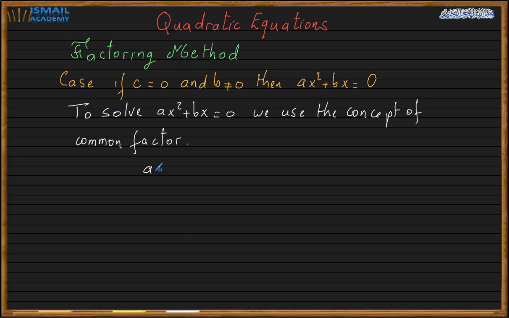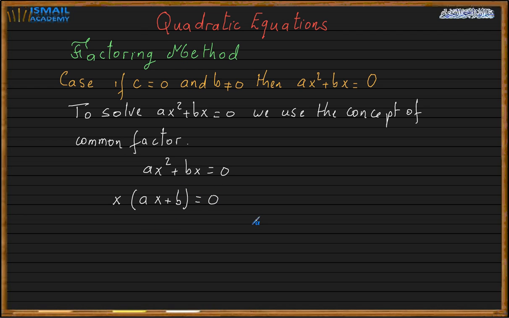We have x here and x here, that means x is my common factor, so we take x as common factor. Sometimes a and b have common factors, so you can take the common factor of a and b too.